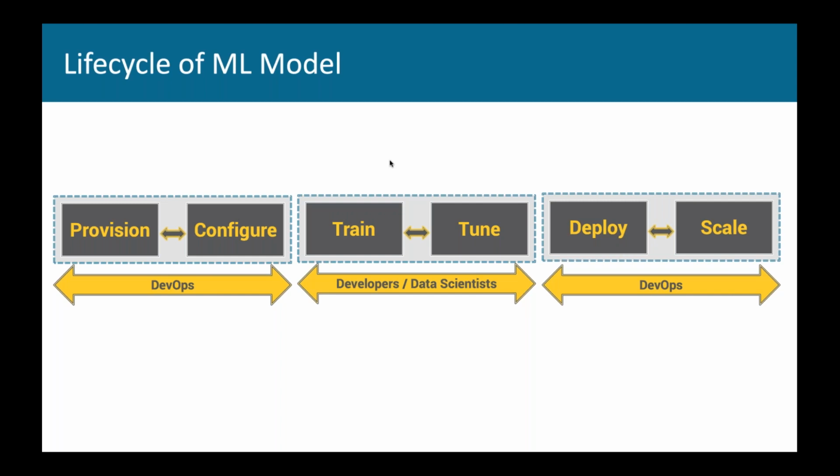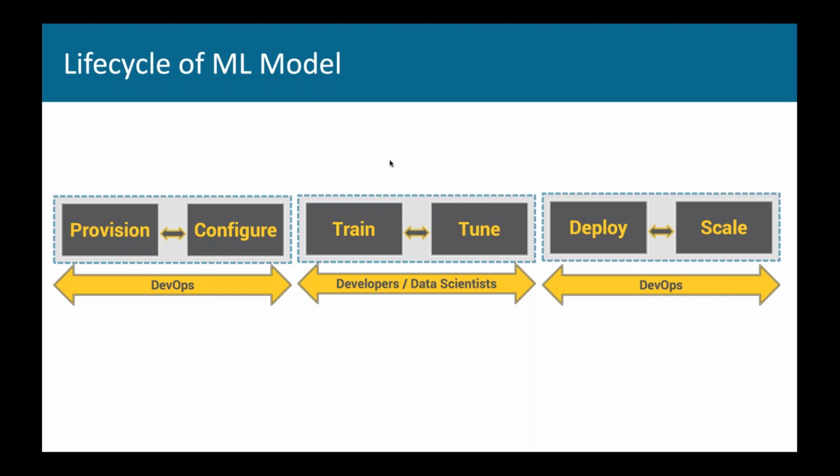So they will bring up virtual machines, they will install a variety of drivers like the NVIDIA GPU drivers. Then they configure runtimes based on popular languages like Python and R, and then they install frameworks like TensorFlow, PyTorch, Caffe, Microsoft CNTK, Apache MXNet, and so on.